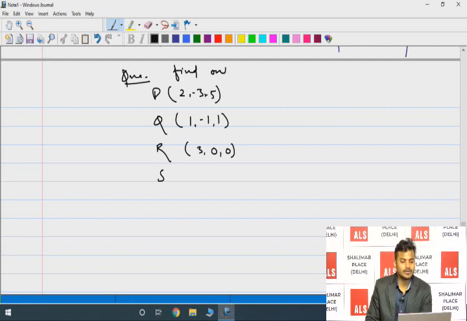Find out the position basically. What is the octant of the following points?